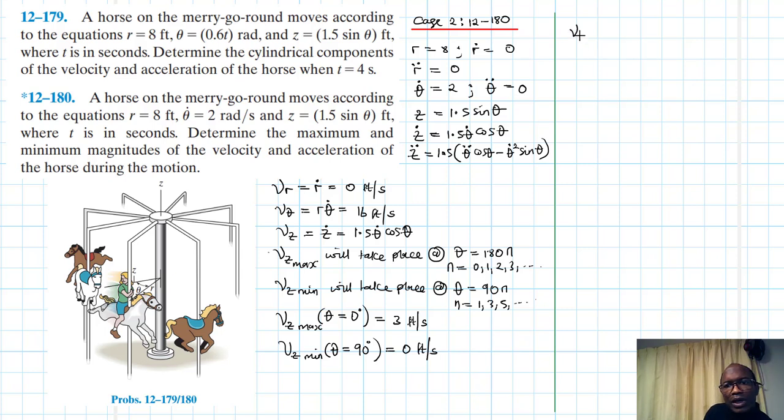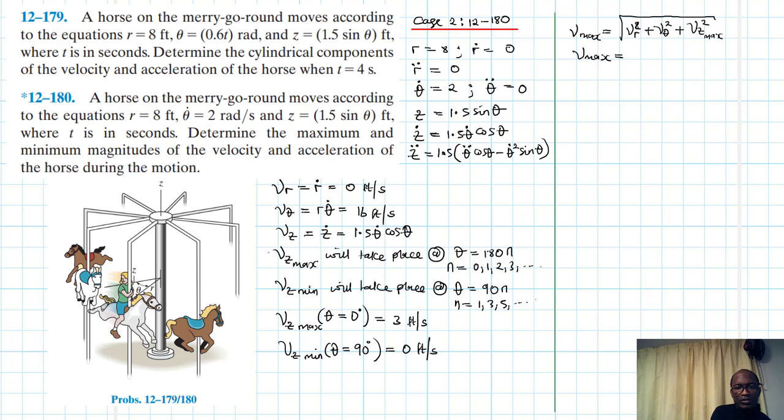So Vmax is just going to be equal to VR squared plus V theta squared plus Vz max squared.